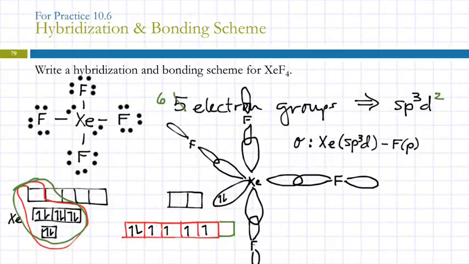I'm going to get this guy out of there. One, 2, 3, 4, 5, 6, 7, 8. What the heck is going on? Oh, yeah, I need 2 lone pairs.